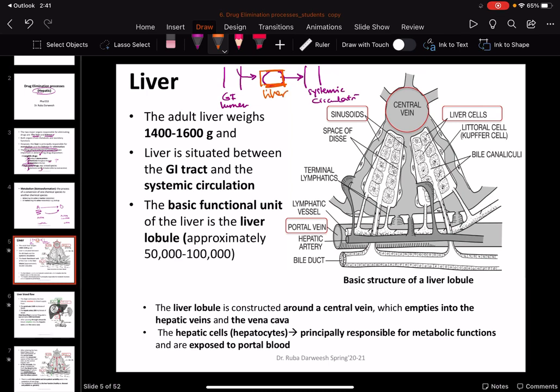We have the lobule as the main structural or functional unit of the liver, in which the lobule consists of a group of sinusoids. First of all, we have the portal vein and the hepatic artery.